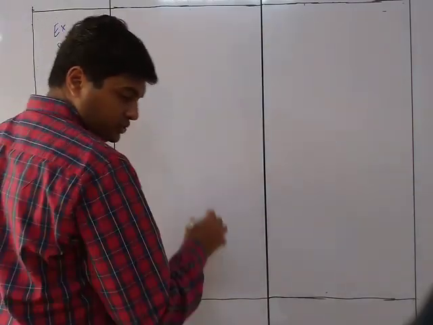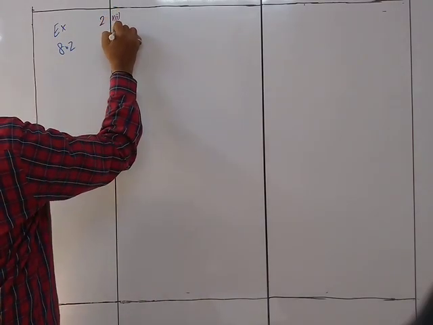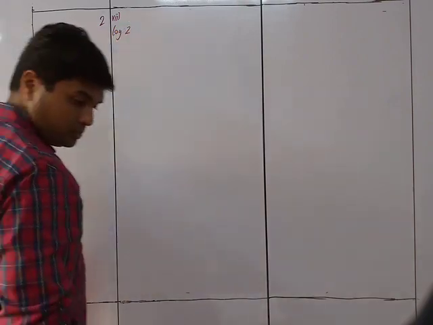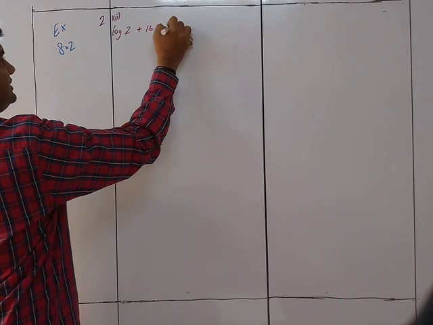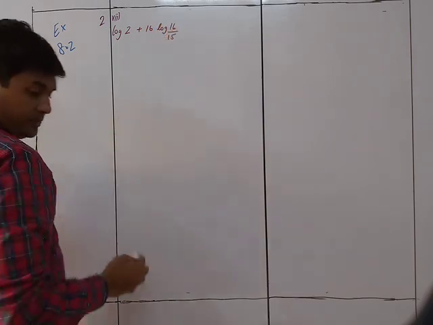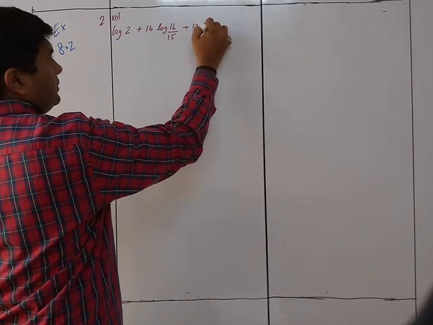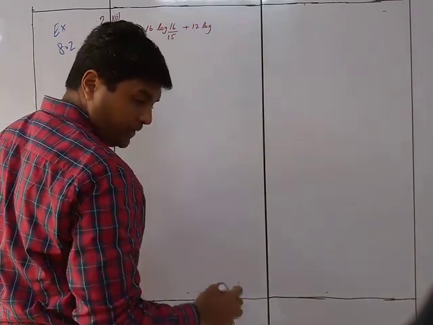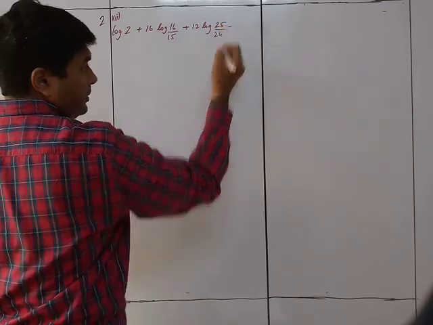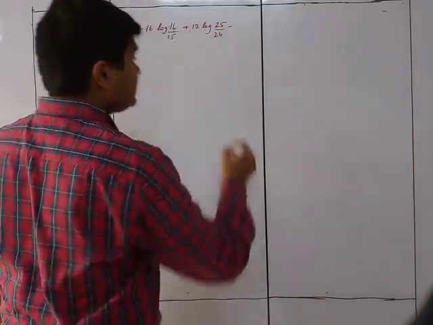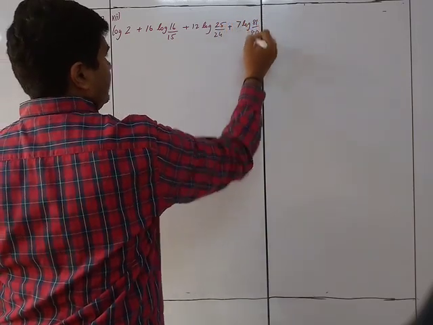Yeah. So I got over here seventh one as log of 2 plus 16 log 16 upon 15 plus 12 log 25 upon 24 plus 7 log 81 upon 80.